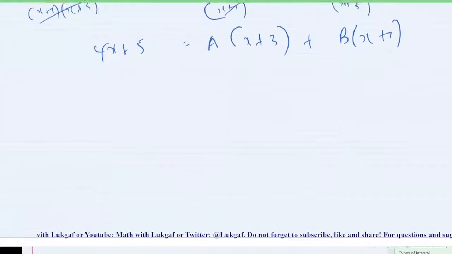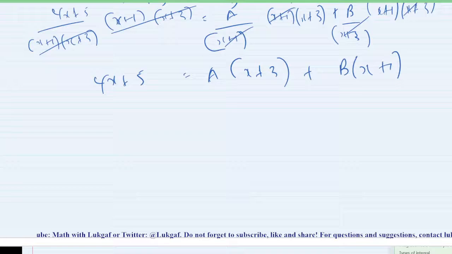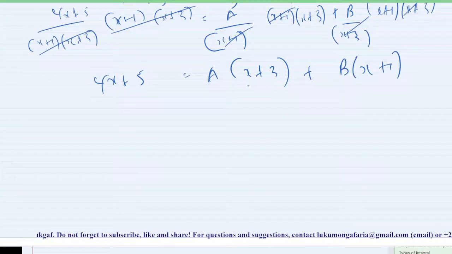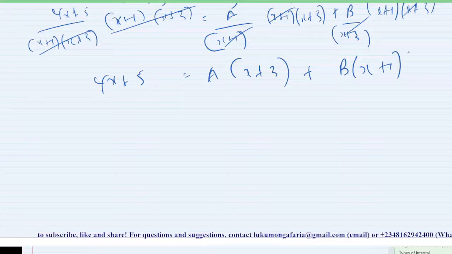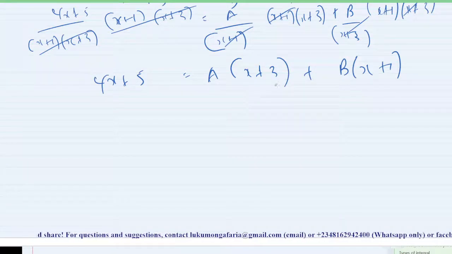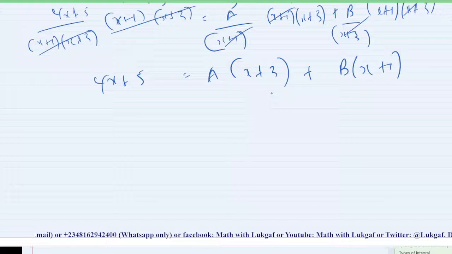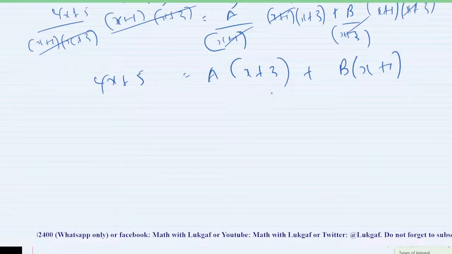What we want to know is our A and B. You can get the value of A if this term is not there, and you can get the value of B if this term is not there. One method is the elimination method. You have the cover up method, and you have comparing the coefficients.